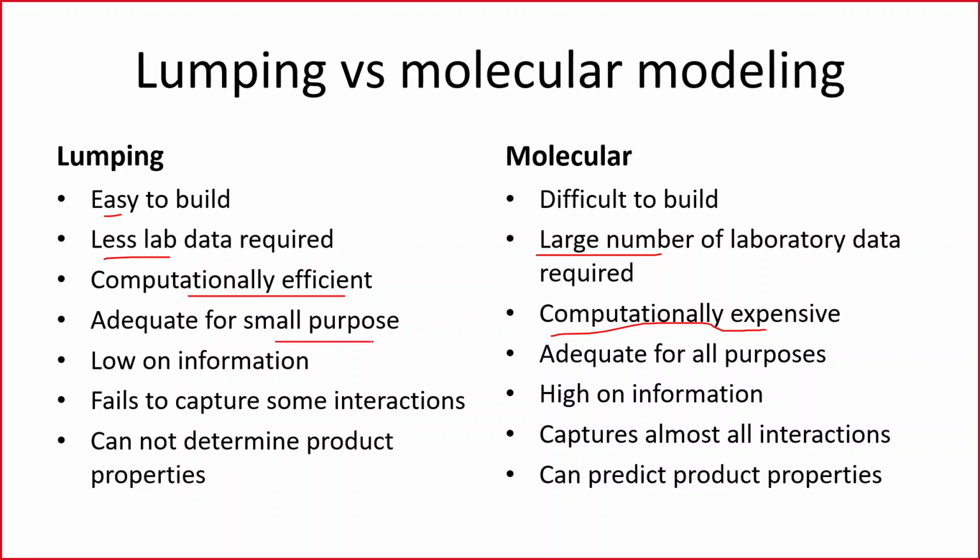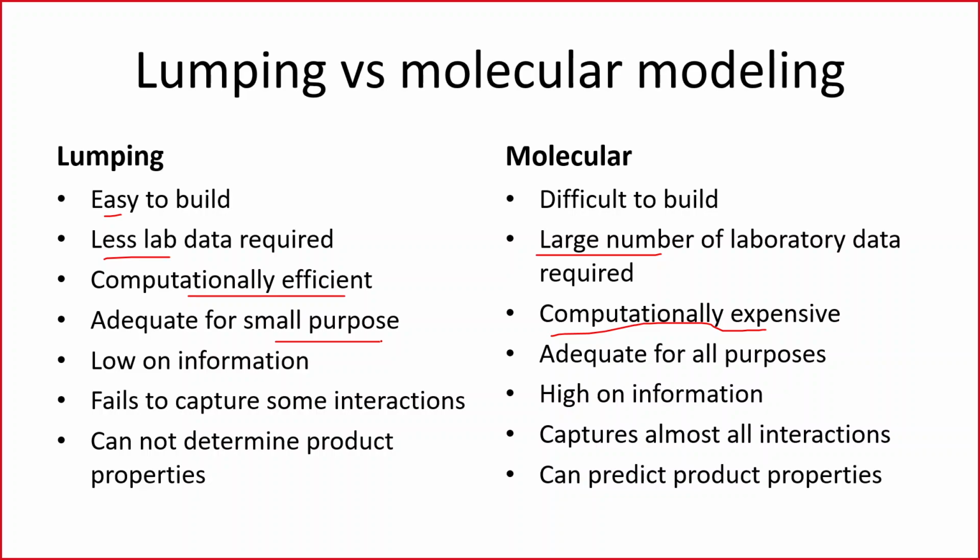For easy purposes, like if you want to make a simple refinery model and then optimize the refinery, you can later on prove those optimization results with a more detailed model, which we will learn later on.